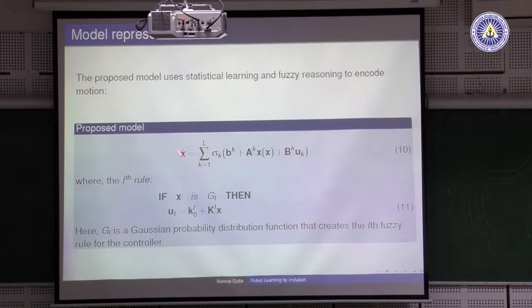To make this system globally stable, we add this term. This is our control term, which will drive the system to the equilibrium point or the target point, and at the same time help the system maintain what the demonstrated trajectory was. It tries to reproduce the trajectory.